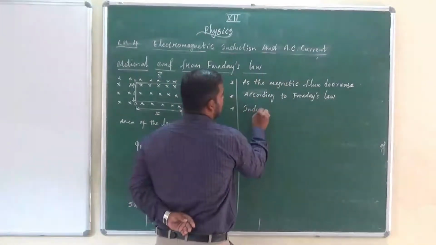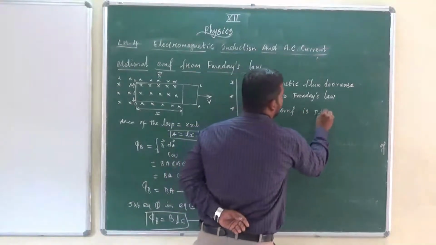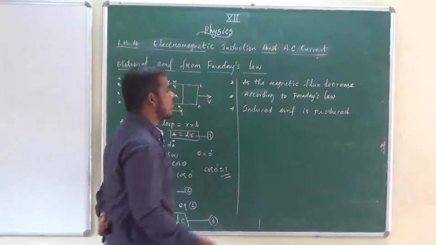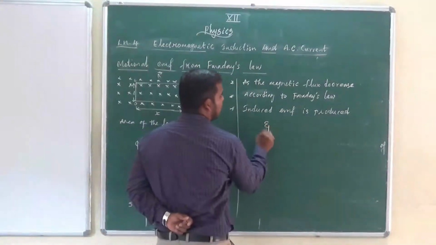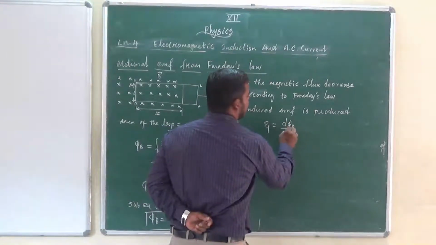The induced EMF is represented by the symbol ε equal to dΦ_B by dt.